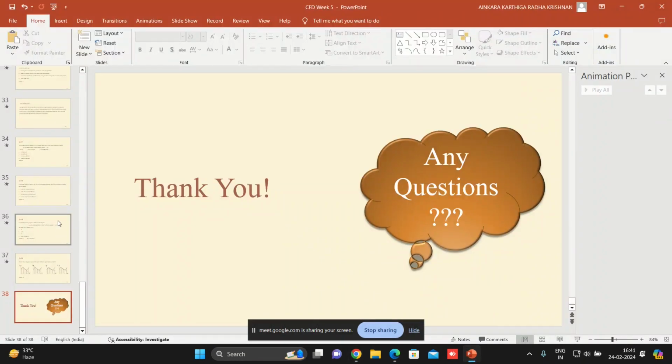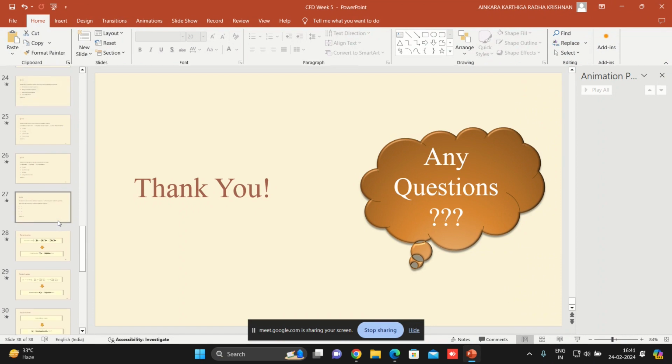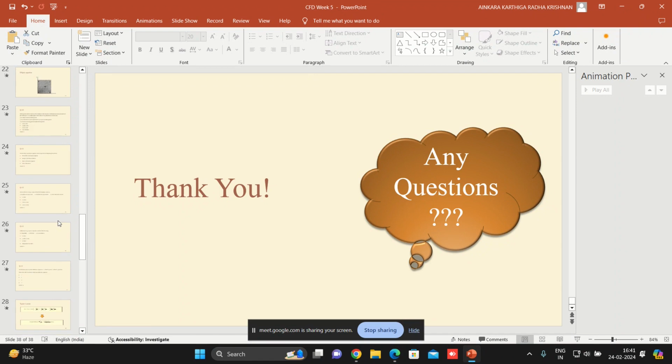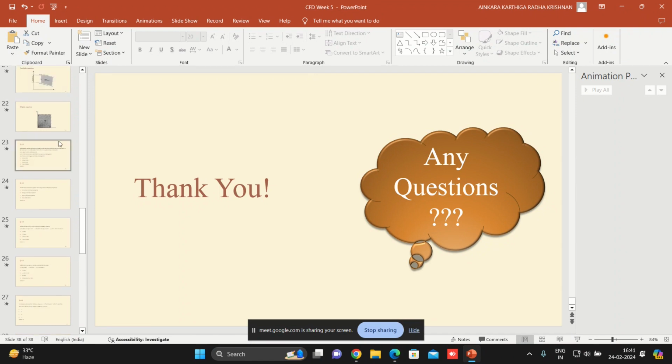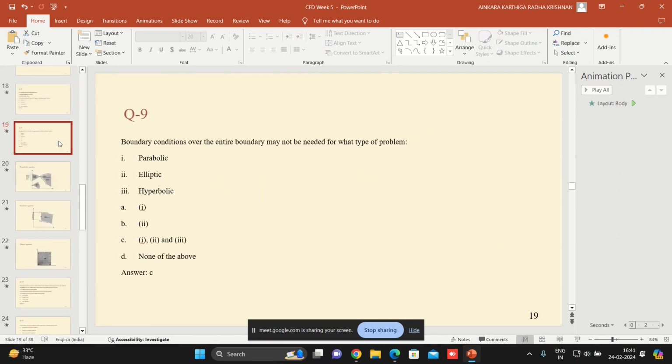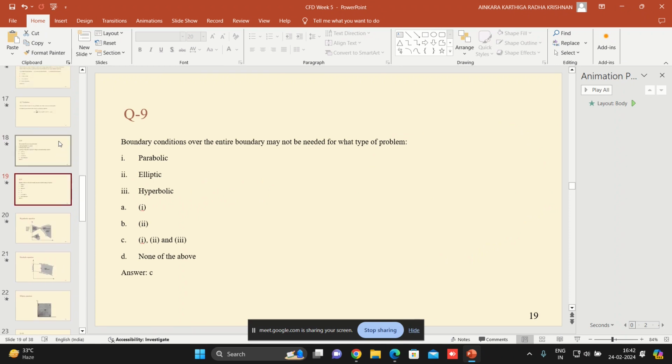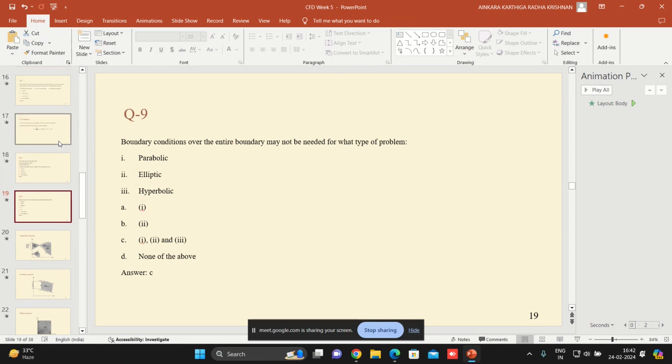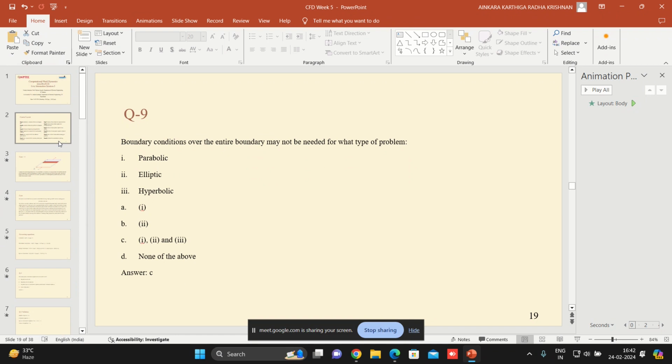If there are any doubts, please let me know. Apart from one particular question, for which I will post the correct answer when I upload the PDF, because I'm not very sure about that answer. The answer is given as C, but I am not very sure. So this alone I will upload in the PDF. Other than that, if there are any doubts, please let me know, and we can solve the problems.